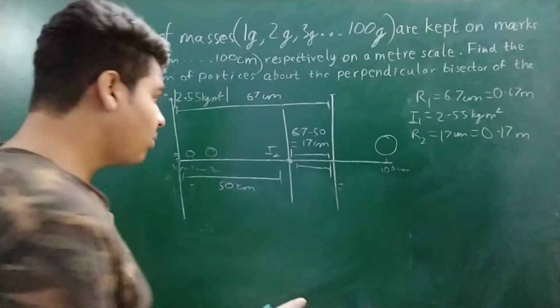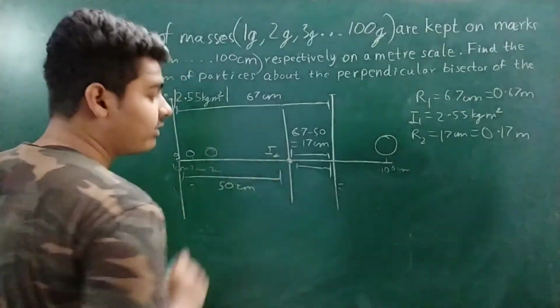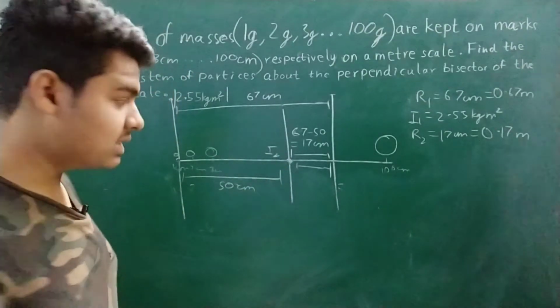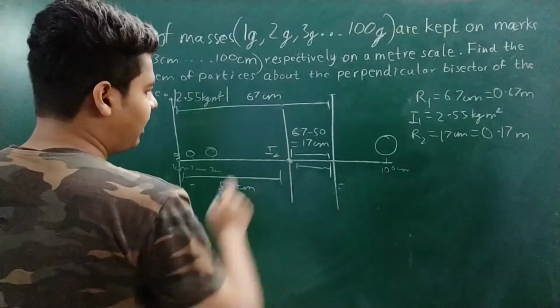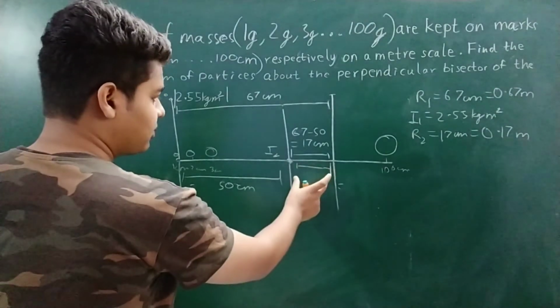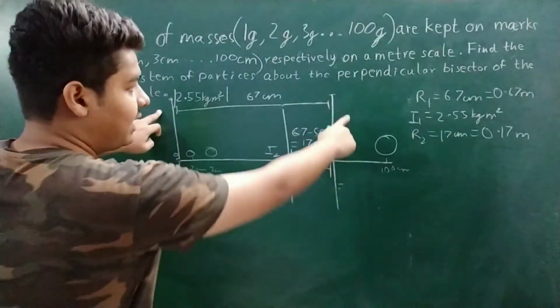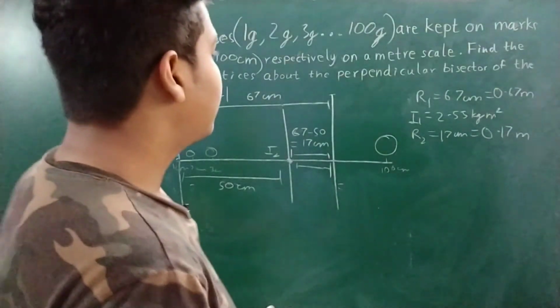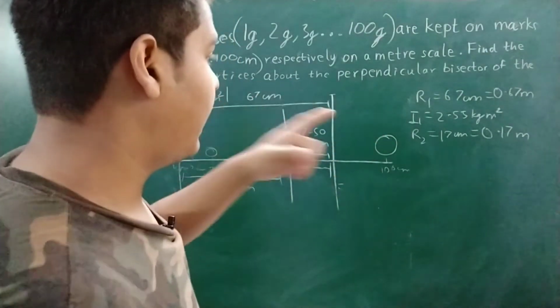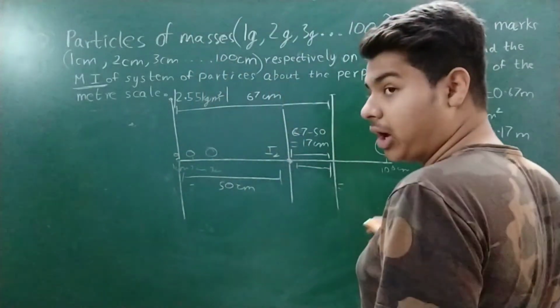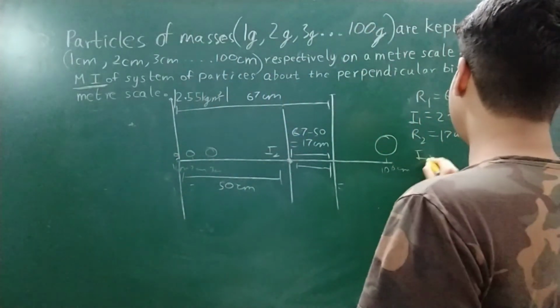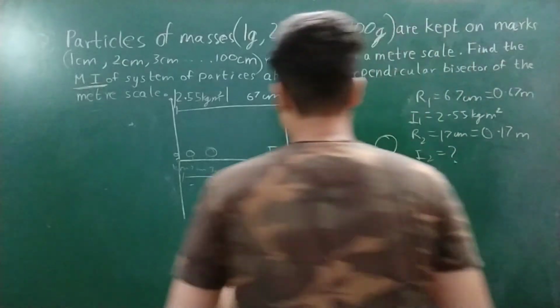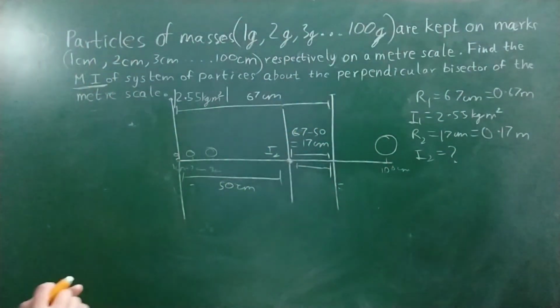Now I have to find the moment of inertia at 50 centimeter, so considering this as the tip, I find the distance from the center of mass, similarly to what I did before. Now R1, R2 and I1 have been found. Let me consider I2 equals question mark, which I still have to find.